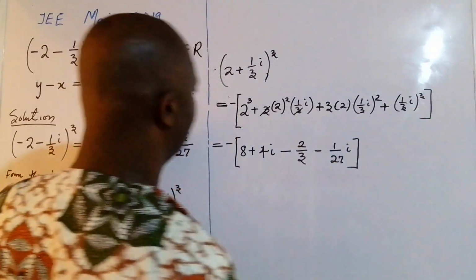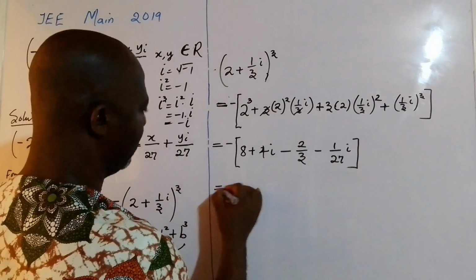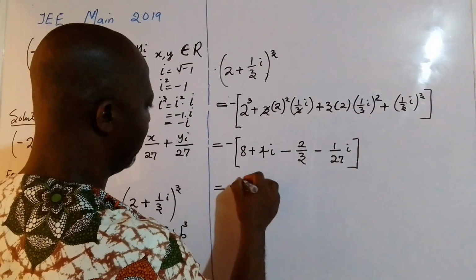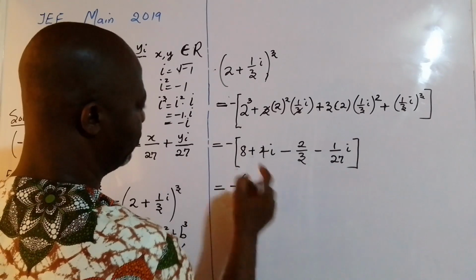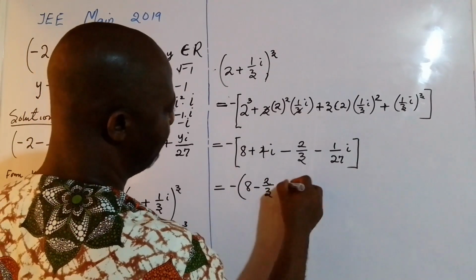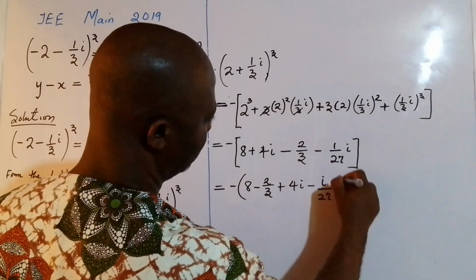So let's close that up. Let's further simplify things here, make things cleaner. So we have minus, and I'm going to bring the like terms, the real parts together, 8 minus 2 over 3. Then I bring the imaginary parts together, 4i minus i over 27.